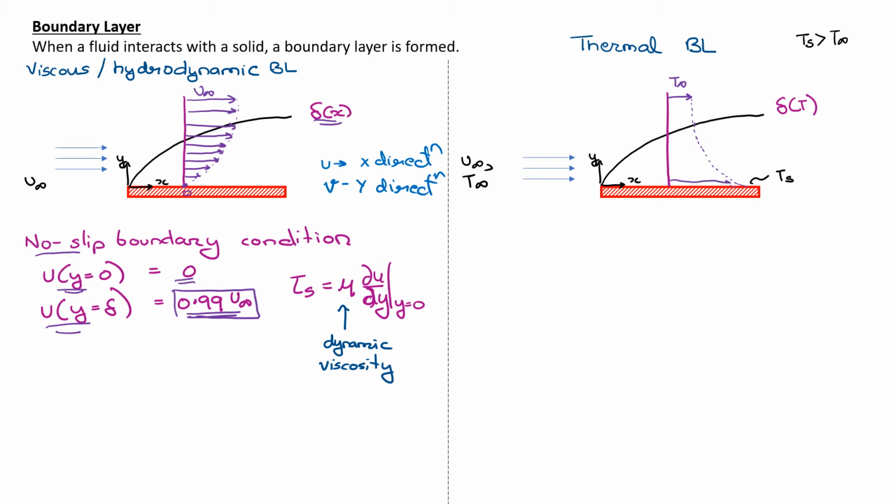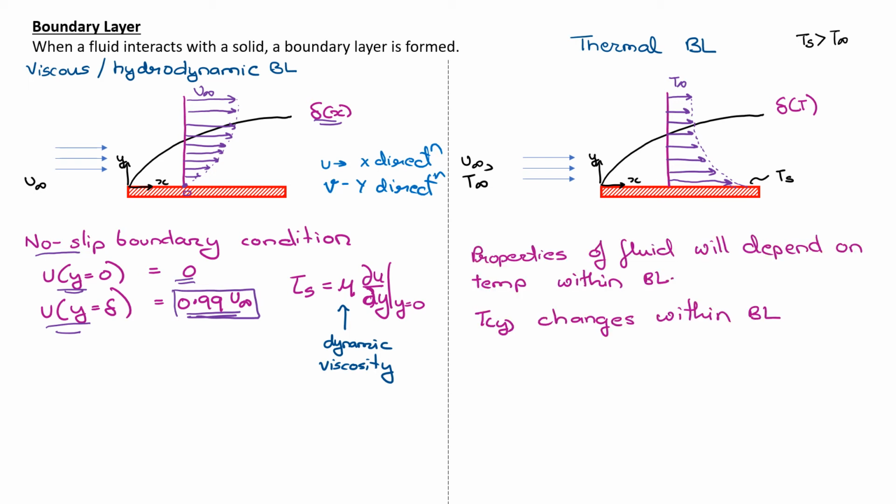So this is how our temperature distribution will look. In the case of the viscous boundary layer, our velocity at y equals 0, at the surface, was 0, but in the thermal boundary layer our temperature at y equals 0 is the surface temperature.